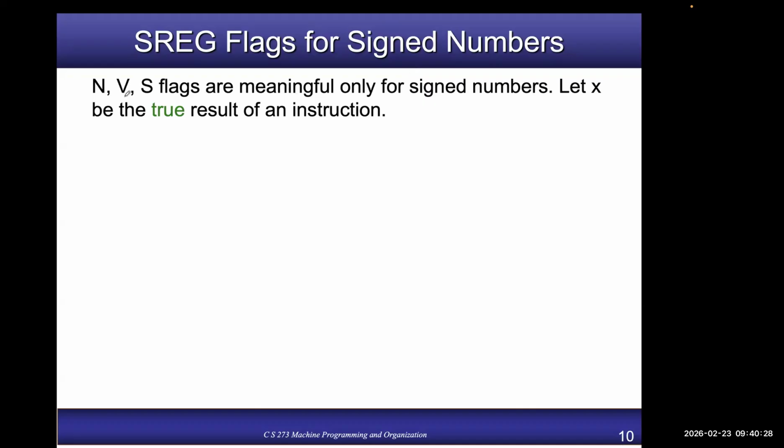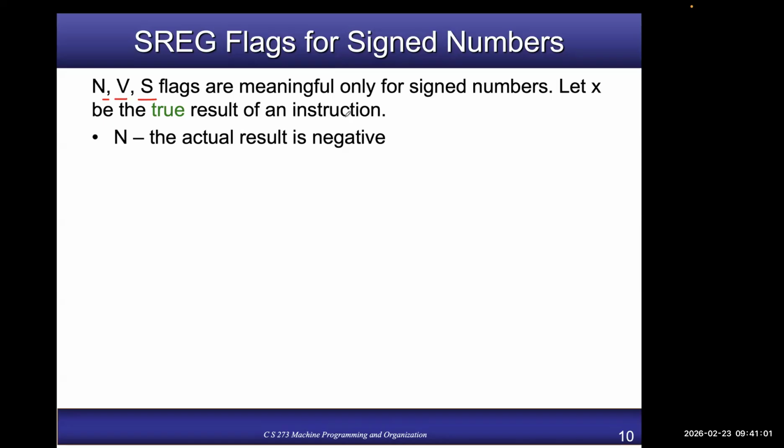So we need to understand three other flags, which are the negative flag, overflow flag, and sign flag. These flags are meaningful only for signed numbers. So let's say that N is the true result of an instruction.